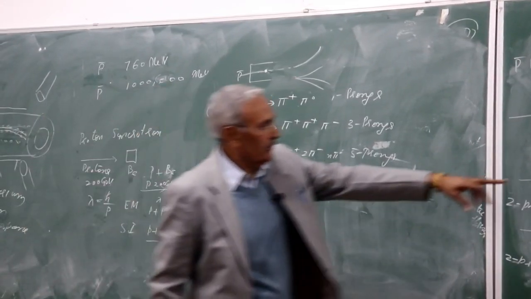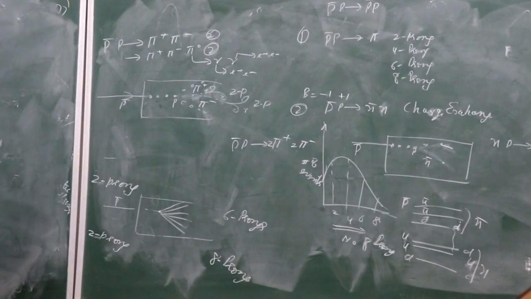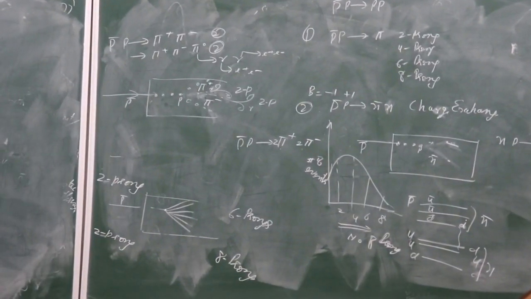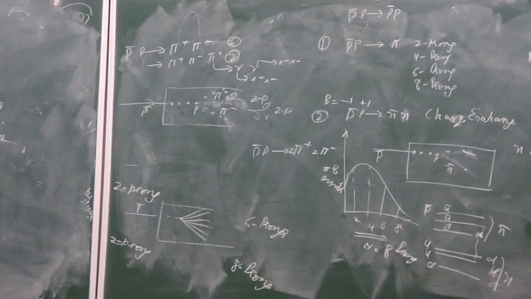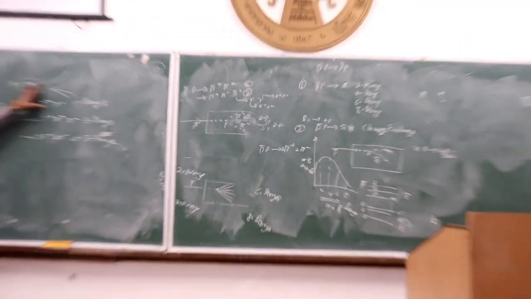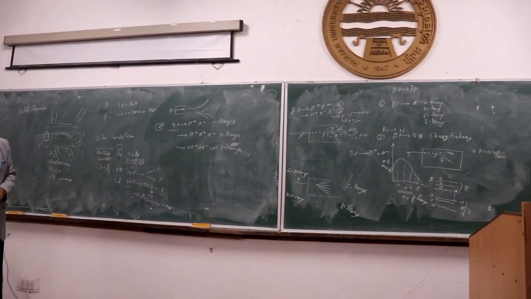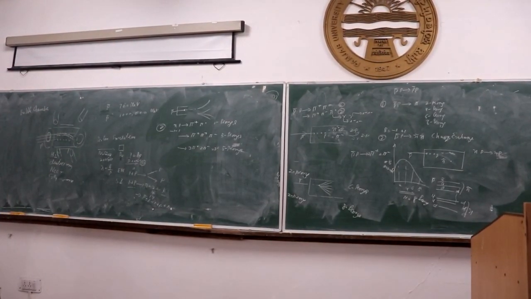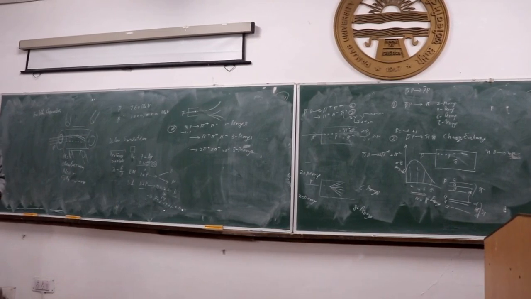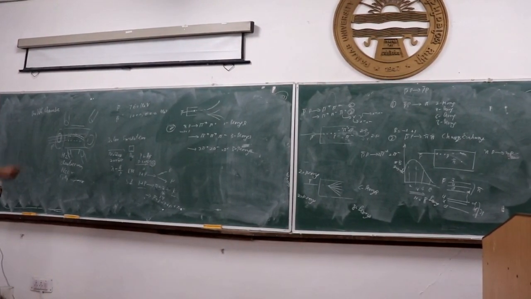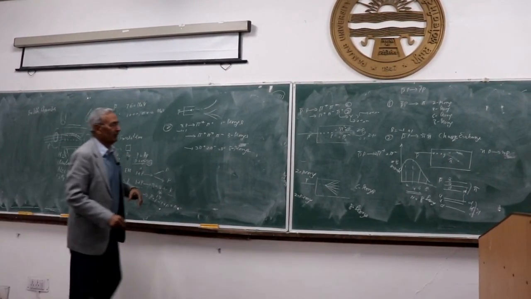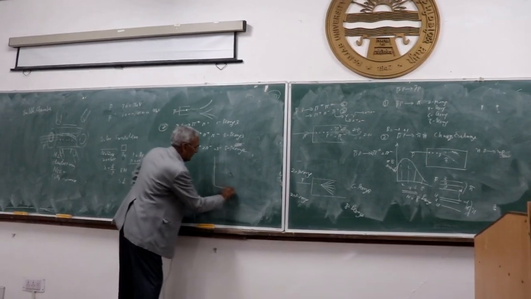Firstly, the probability, if you look at this plot, is less for 1 prong. Secondly, it is difficult to tell whether this prong is coming directly from here or is some cosmic ray track. So 1 prong, 3 prong or 5 prong. And then you measure the probability and make the plot the same way as this one.